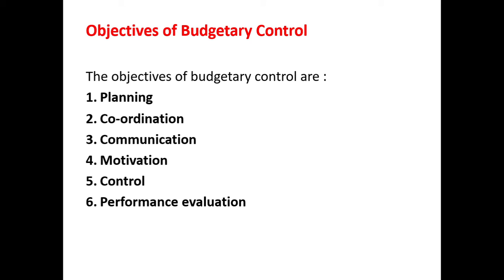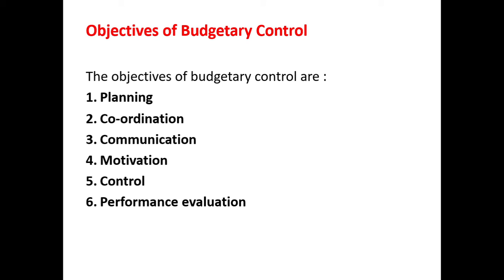Then the last objective is performance evaluation. Performance evaluation means a budget provides a useful means of informing managers how well they are performing in meeting targets. In the case of a budget, they will prepare and fix one plan.